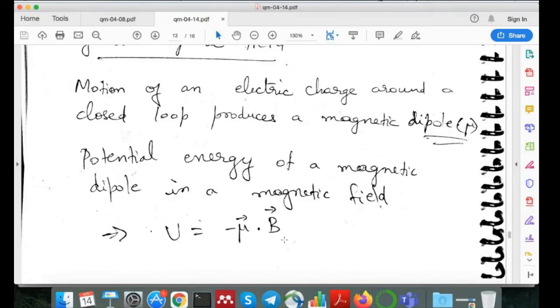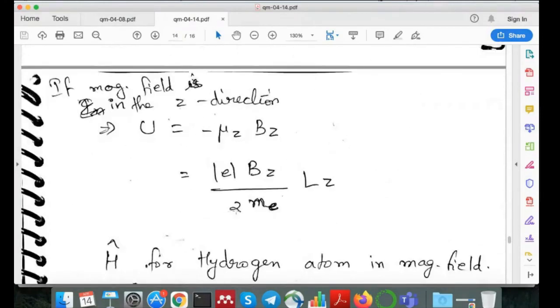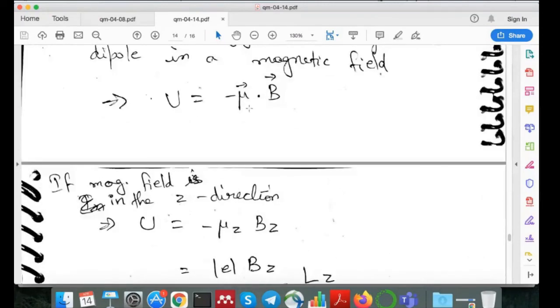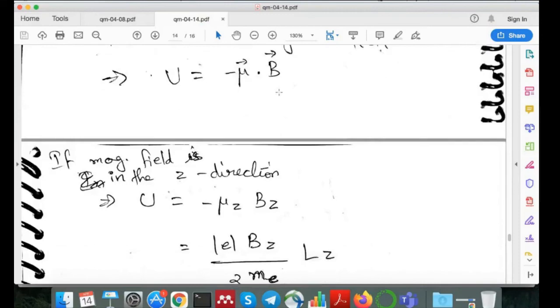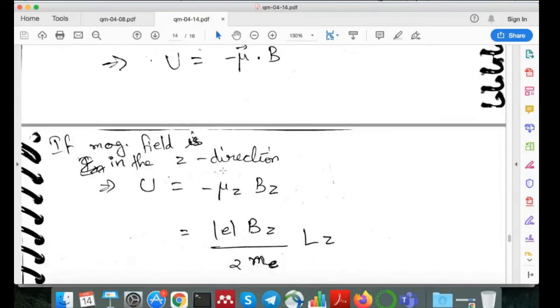Now when you want to find out the effect of this potential on the electron, you will add this potential energy to the Hamiltonian. This is your potential energy in all three directions, but if the magnetic field is only in the Z direction, then it will turn out to be minus mu Z B Z. This is just the Z direction of the magnetic dipole and the Z direction magnetic field.